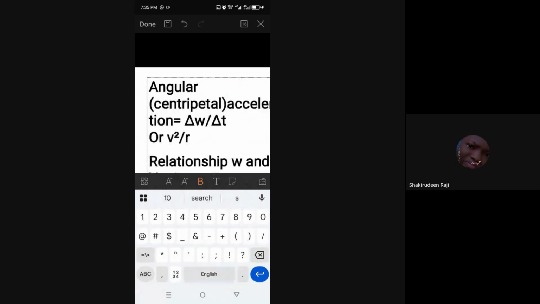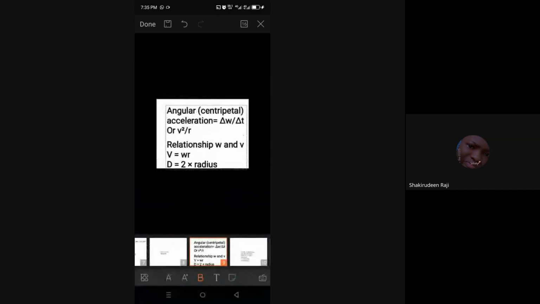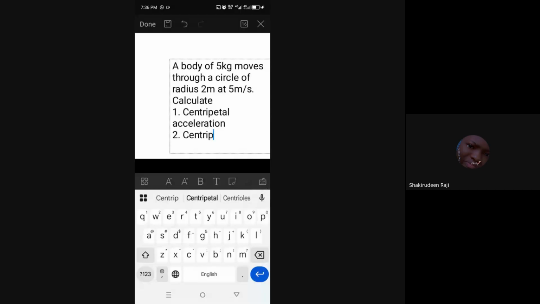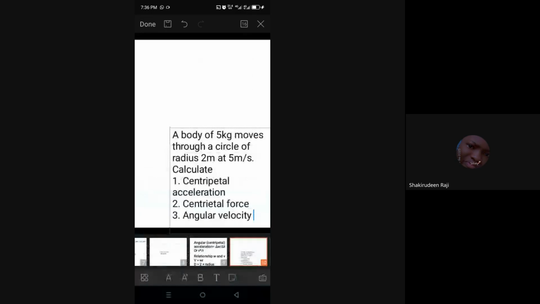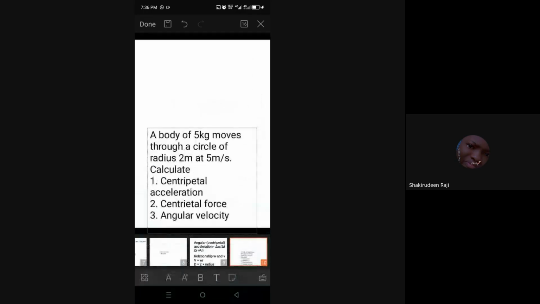Number two, centripetal force. Number three, angular velocity. That's the question.